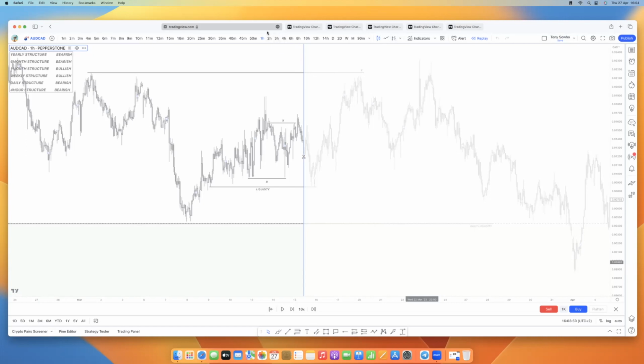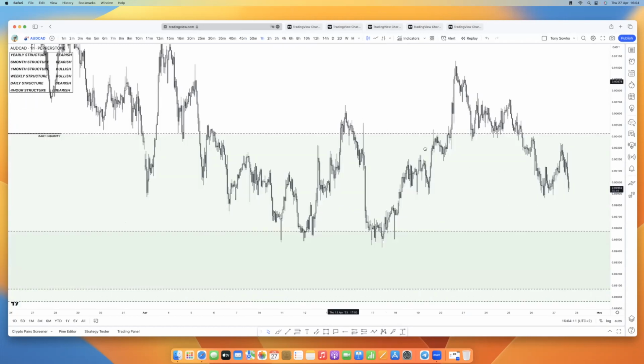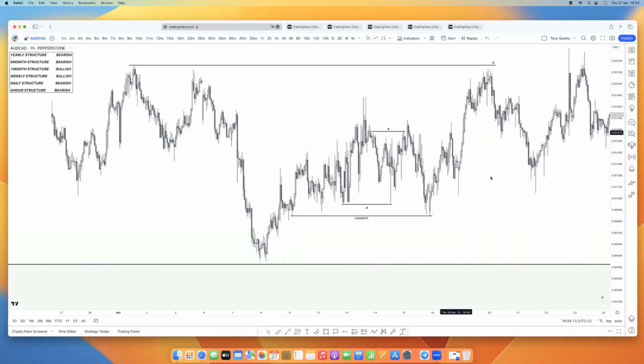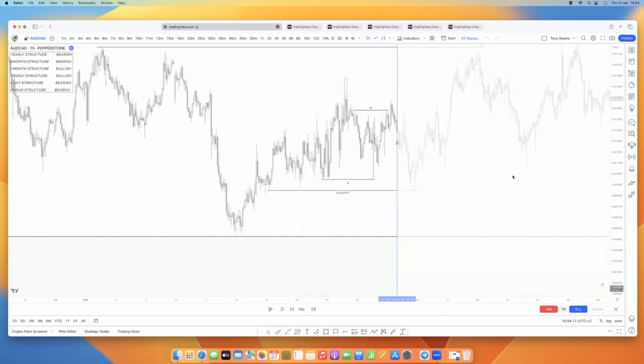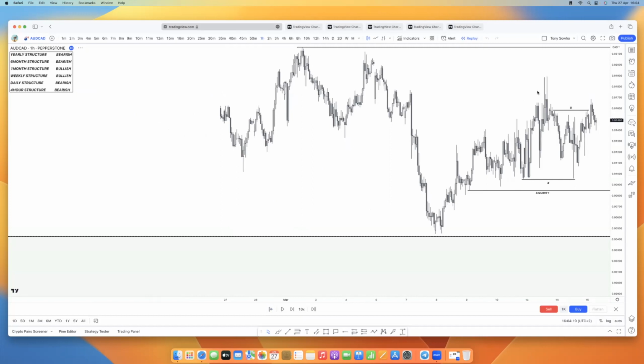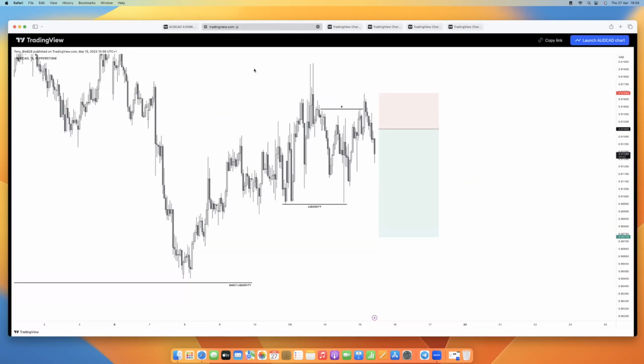I don't know, let me try to reload it. I don't know what went wrong there. All right, let me try it again. Okay, good. So now this was where the first trade was, March 15.